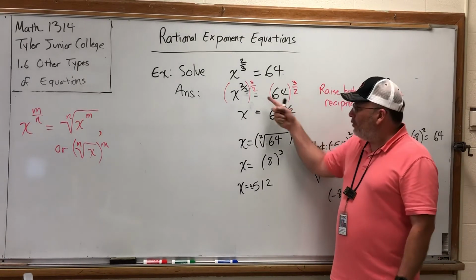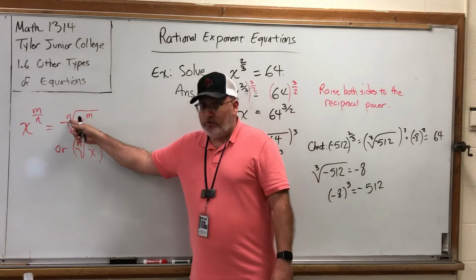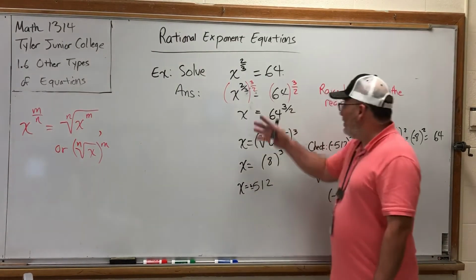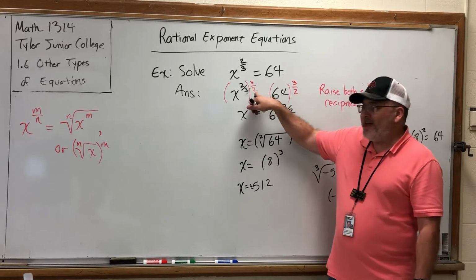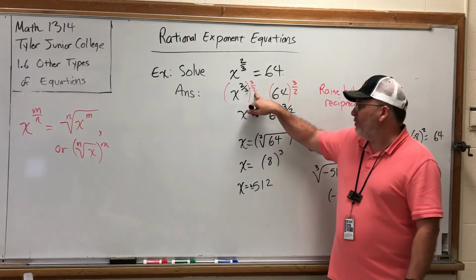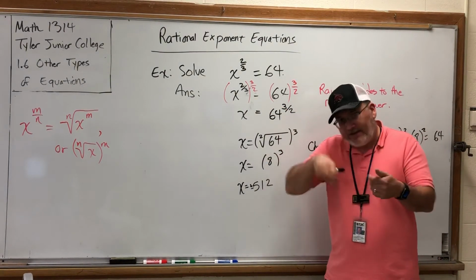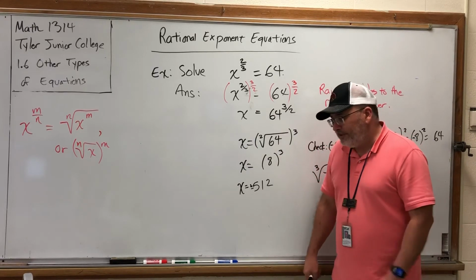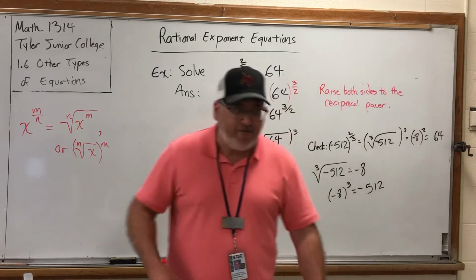But what does this 2 in the denominator mean to do? Square root. So when we raise both sides to the reciprocal power, because the reciprocal had a 2 in the denominator, and more generically an even number in the denominator, that set up the exact situation that invokes a plus minus.